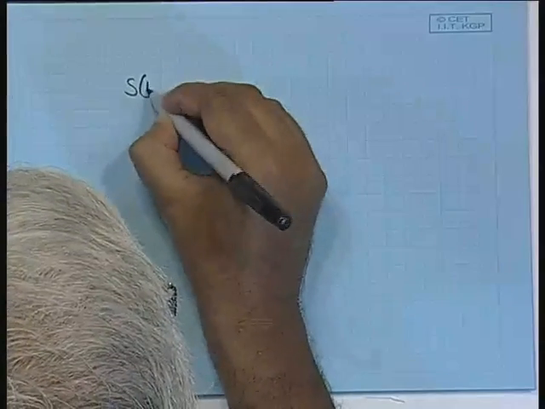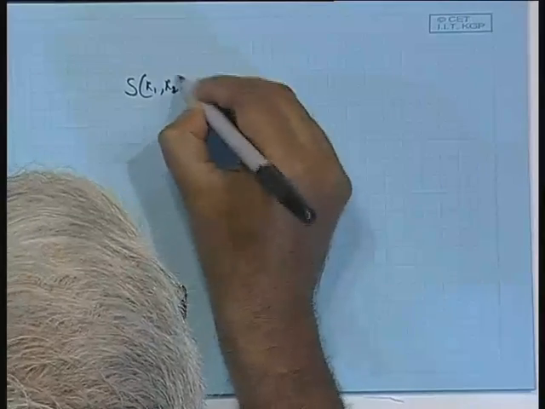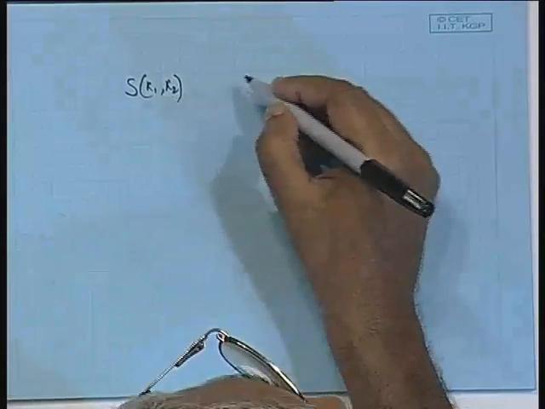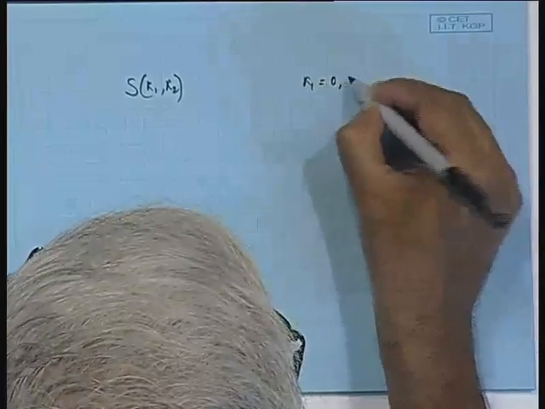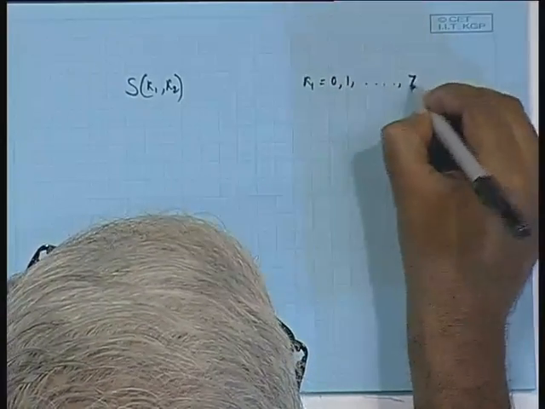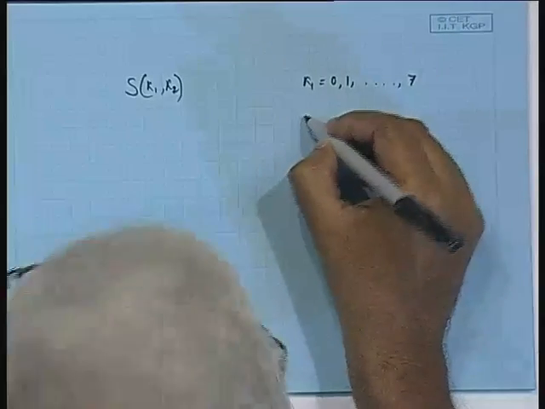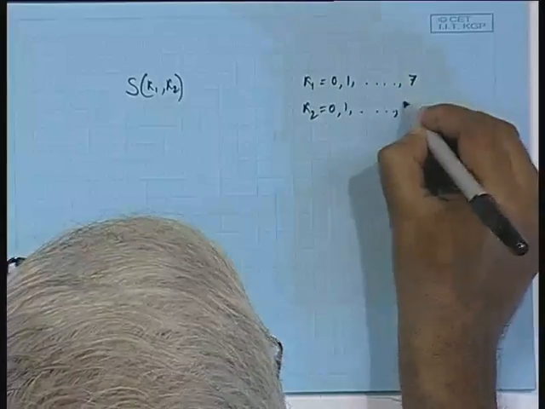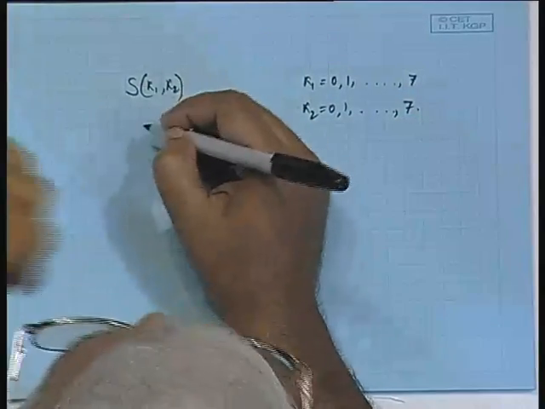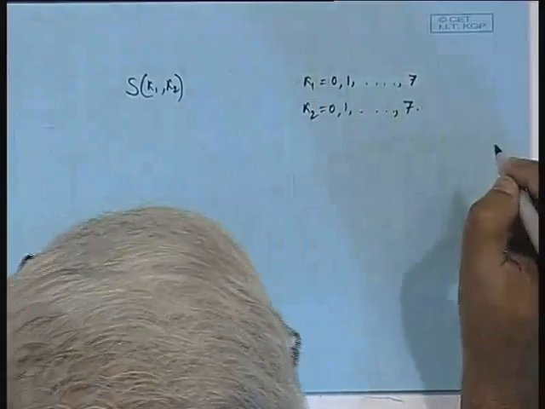In that case, the transform coefficients we represent as S(k1, k2). For an 8 by 8 block, k1 would be 0, 1 up to 7, and k2 also will be likewise 0, 1 up to 7.